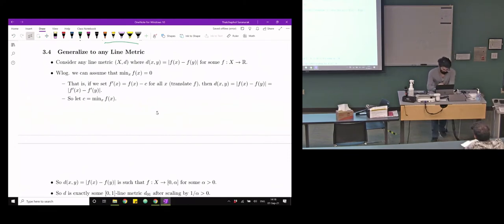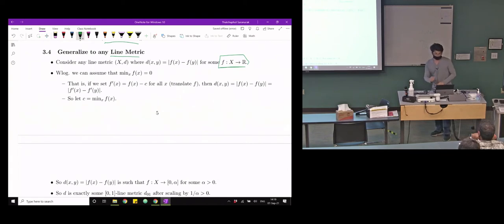So let's generalize this to just any line metric, not just one on the interval 0 to 1. So now the mapping maps into the reals.